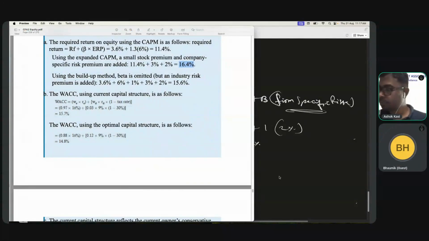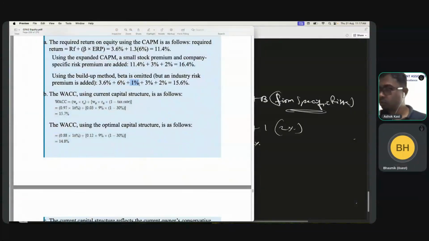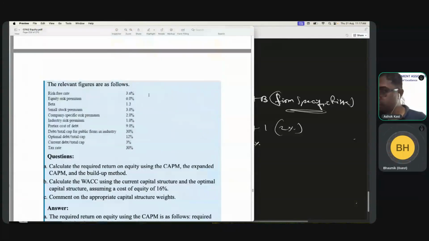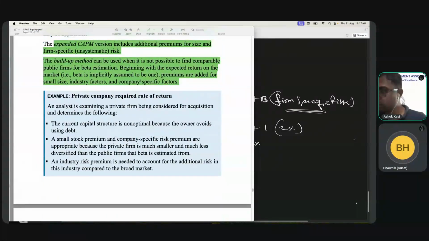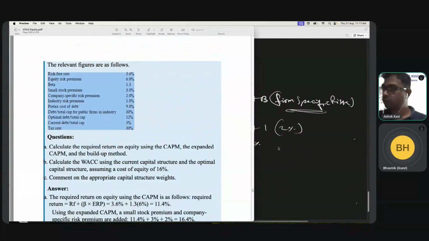Plus there is one more addition: you will also add industry factor risk, which is 1 percent.